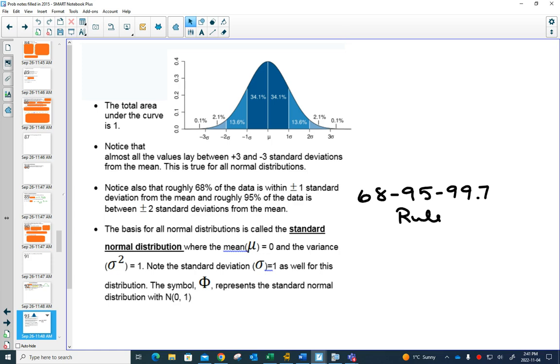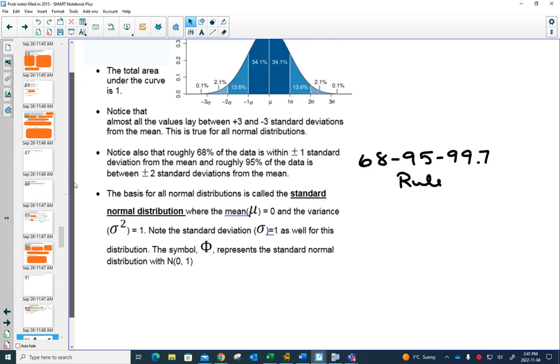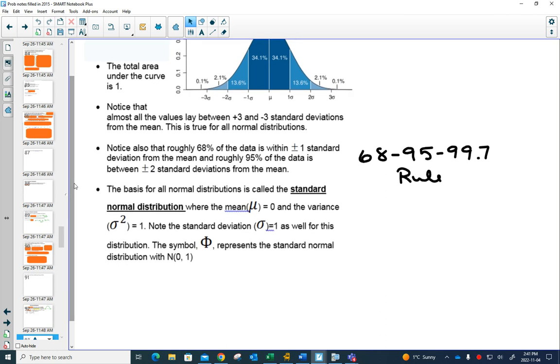Okay. So almost all the values are within 3 standard deviations above and 3 standard deviations below. We got the 68, 95, 99.7 rule. The normal distribution uses the mean and then 1 standard deviation, 2 standard deviations, and 3 standard deviations above.